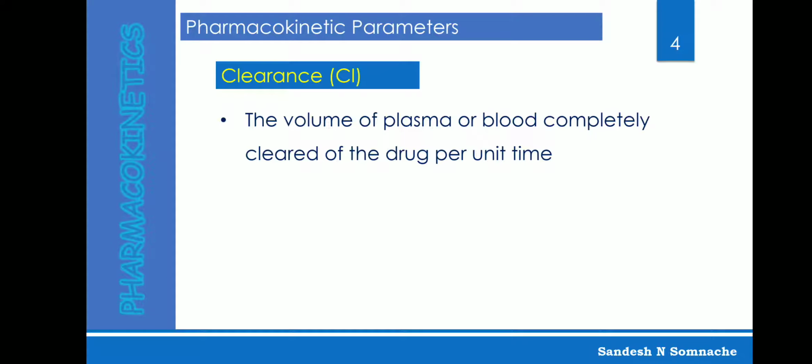So drug is removed from that particular blood or plasma, and the volume of plasma which gets cleared, meaning drug is removed from that volume, is called clearance. Volume per unit time, such as liter per hour or ml per minute, is used to express clearance.